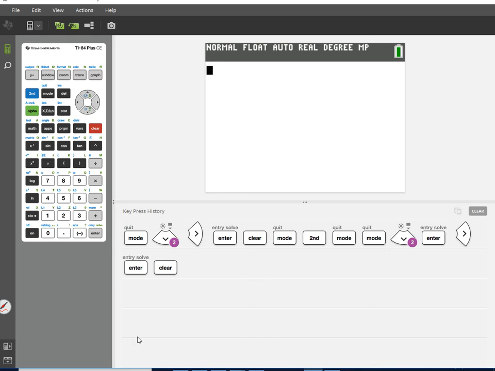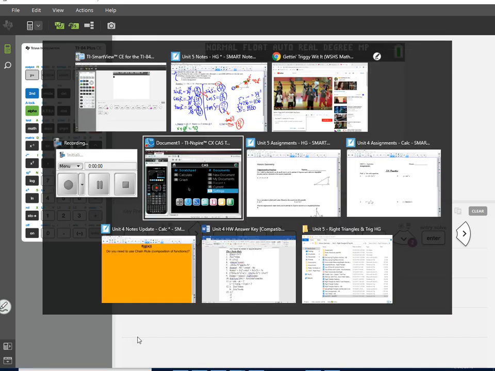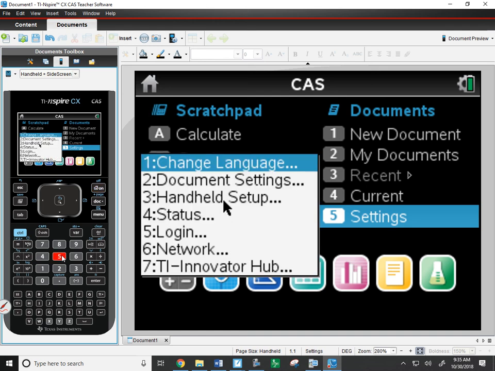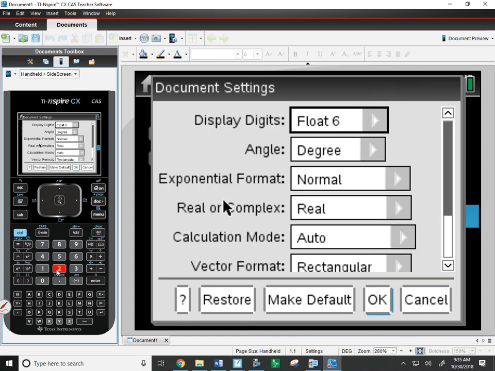Now, if you have the Inspire, it's not too bad, but it's a little more involved. You go to the home screen, so you click home if you're not already there. You hit settings, which is number 5. It'll bring up this, where you hit document settings, number 2. And there's angle. Earlier mine was in radian.